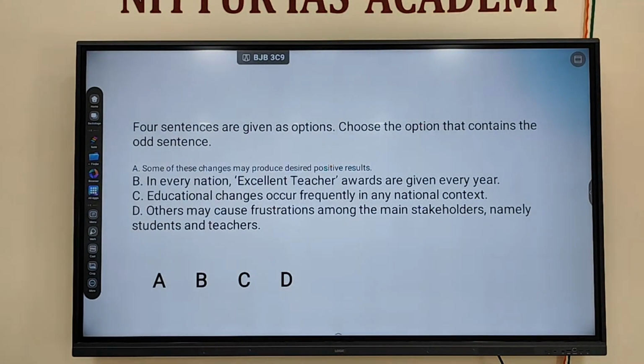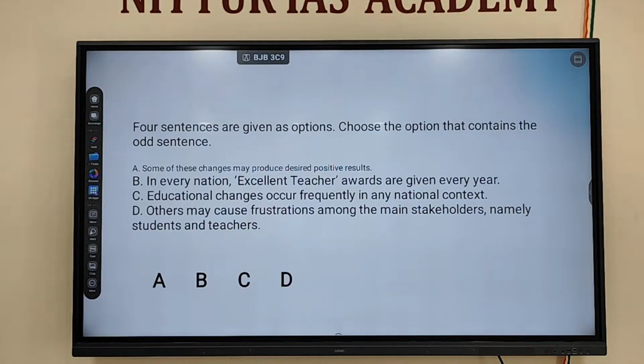A: Some of these changes may produce desired positive results. B: In every nation, excellent teacher awards are given every year. C: Educational changes occur frequently in any national context. D: Others may cause frustrations among the main stakeholders, namely students and teachers. Which one? Think.